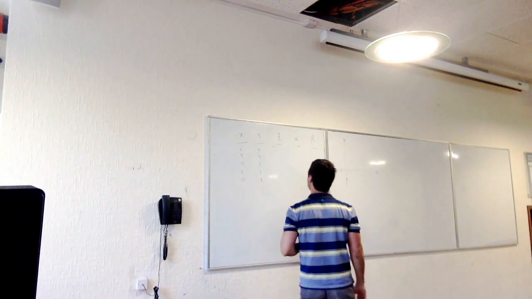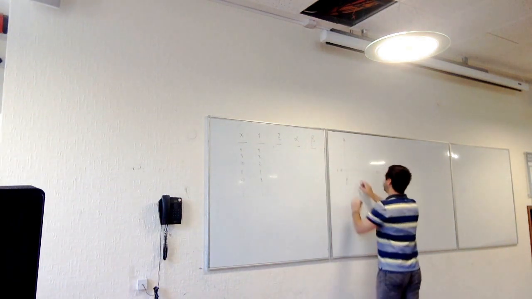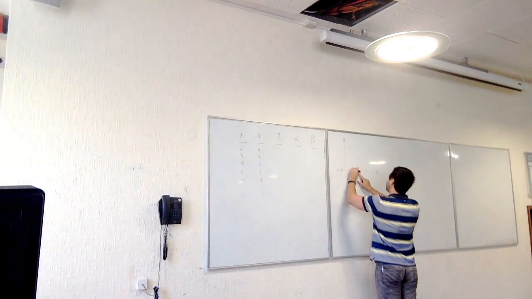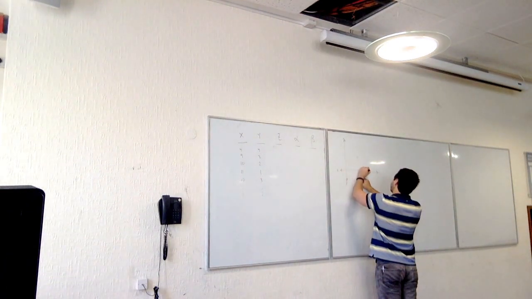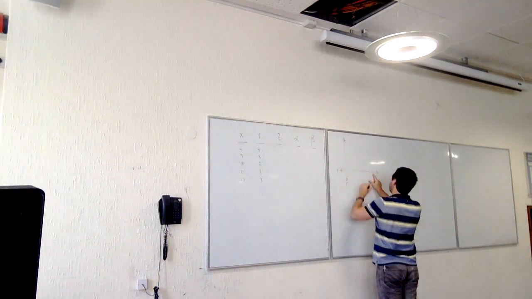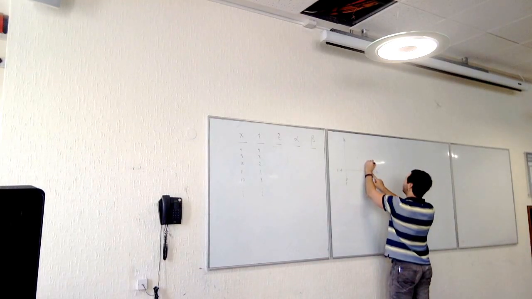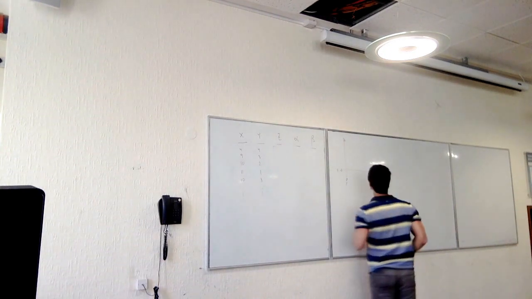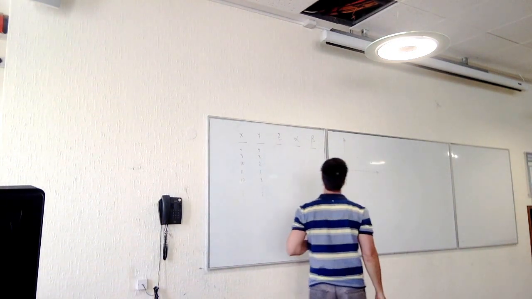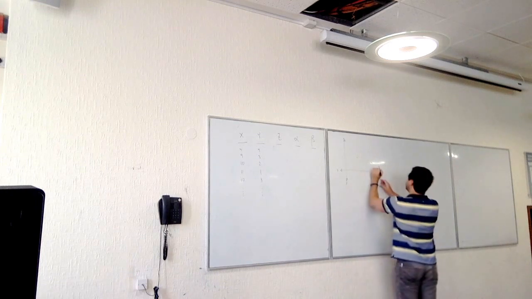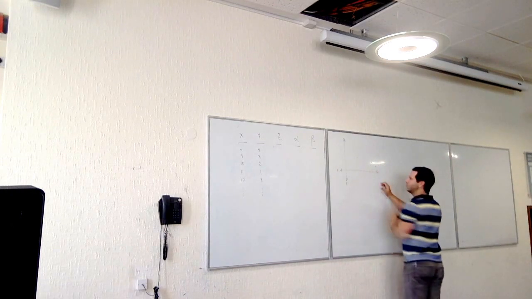For 9 and 3, we would move over 9 and then up 3. 10 and 2, and then we would do the same with the other numbers, right?